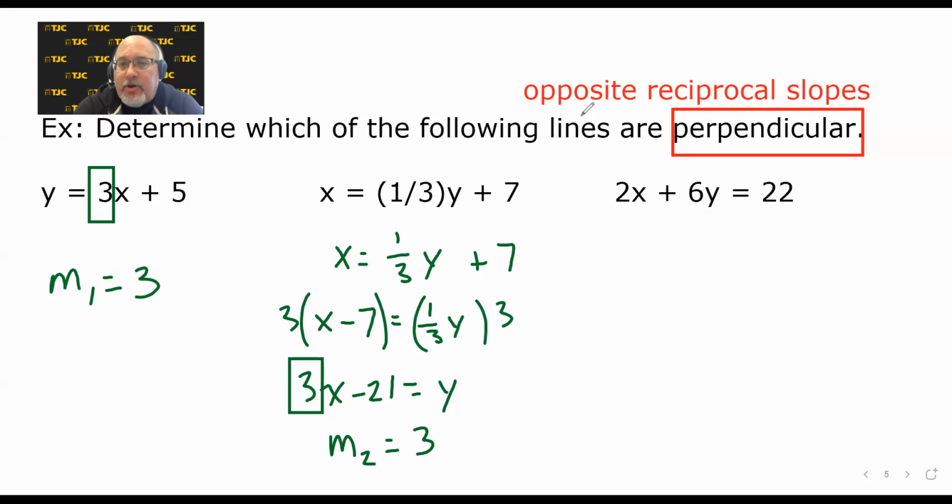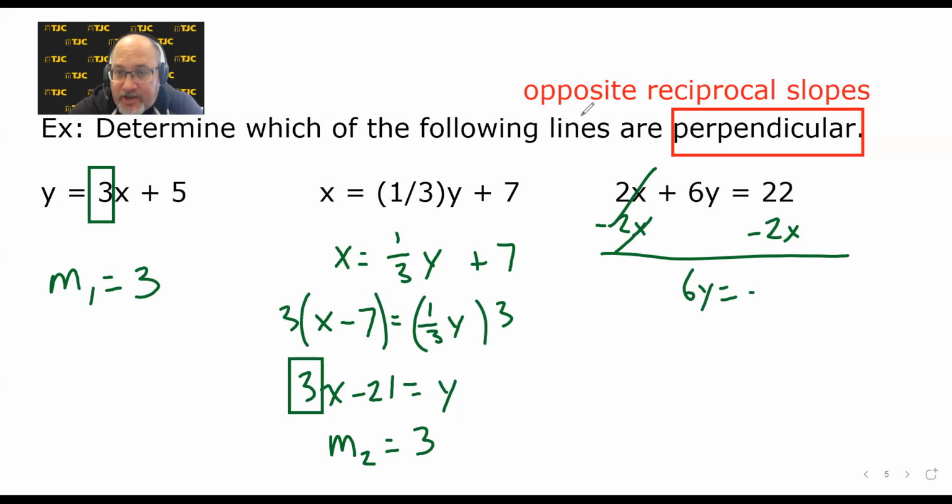To find the slope of the third line, we need to put it in slope-intercept form. We can do that pretty quickly by subtracting 2x from both sides. Cancel. That gives us 6y equals -2x plus 22. And then divide everything by 6, all the terms on the left, all the terms on the right.